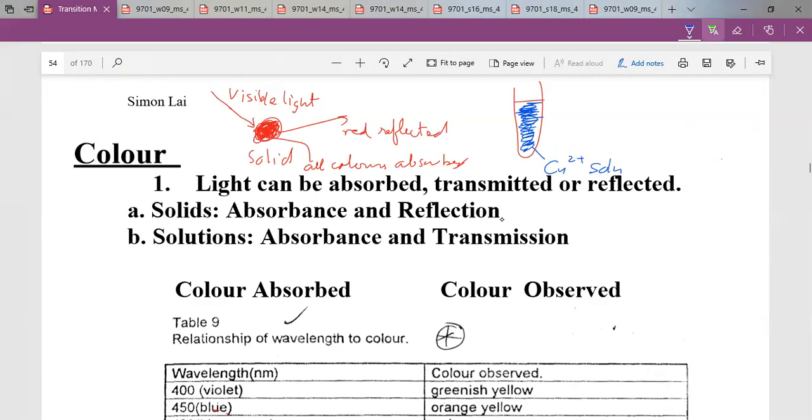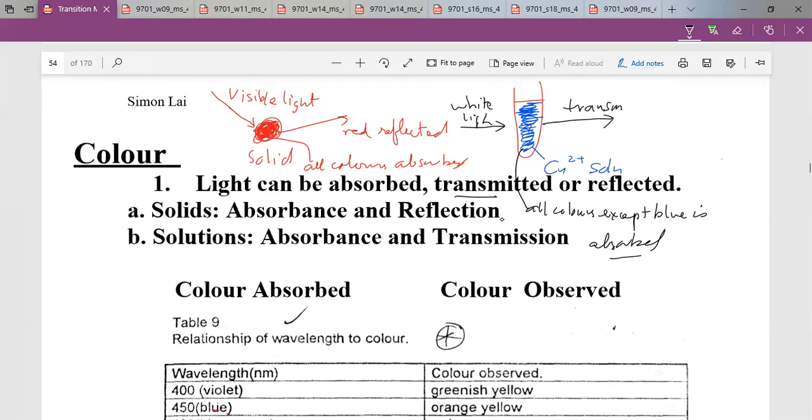White light comes through, and all the colors other than blue are absorbed. What is unabsorbed is called transmitted. The transmitted light is observed. This is blue.